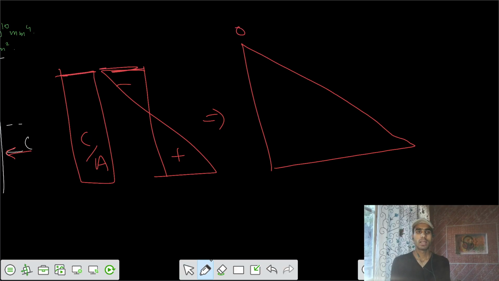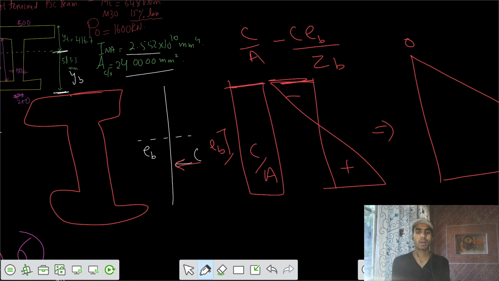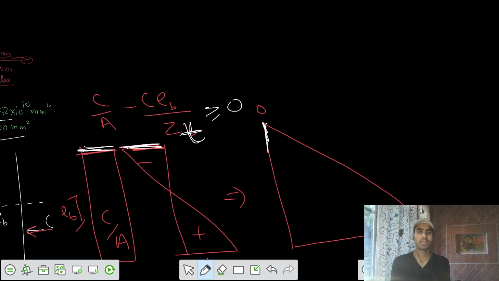So I would write C by A minus C e_bottom by Z. Is it Z bottom or Z top? Which of these do we have to take? Because we are talking about the top fiber, we have to write Z top. That should be greater than or equal to 0, which means it should not be tensile. It should be either compressive or the critical 0 value. So e_bottom should be less than or equal to Z top by A.